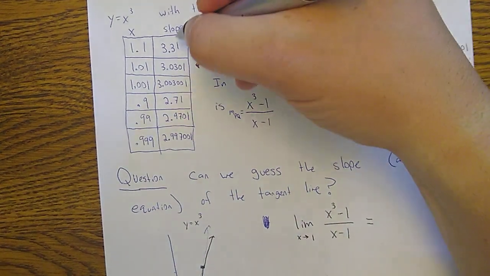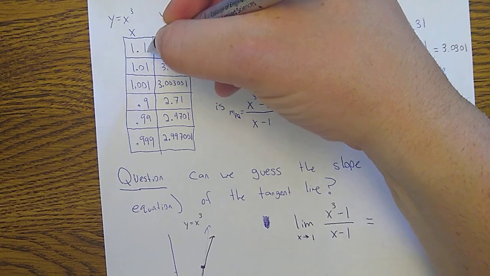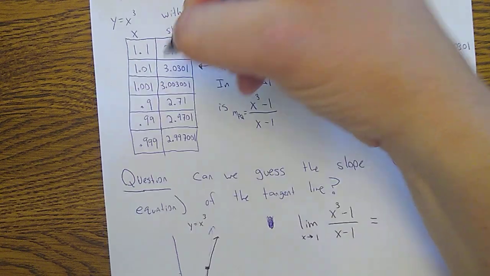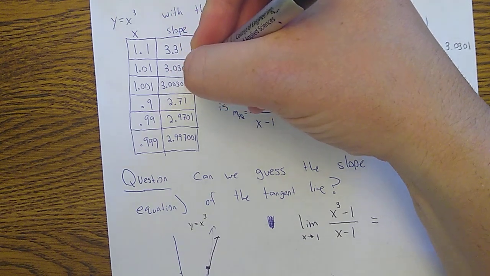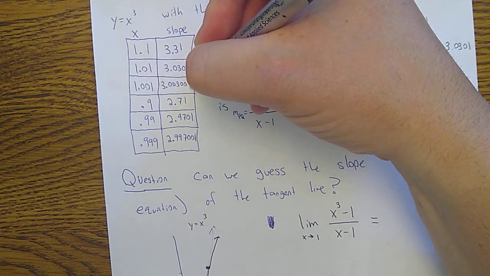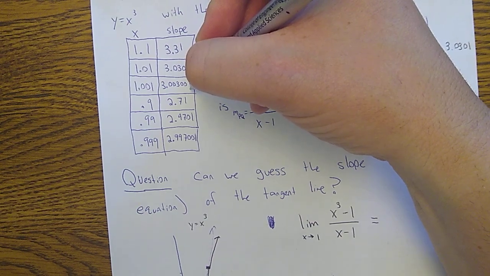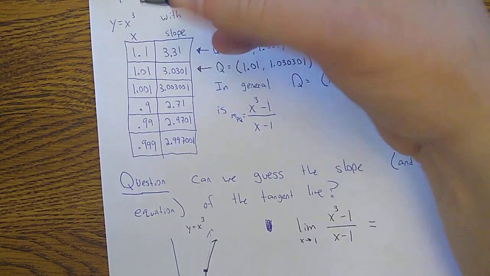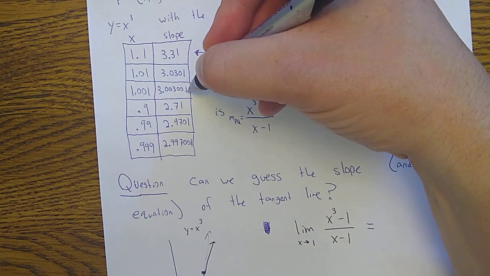If you look at what happens to the slope, as I get closer and closer to 1, this number seems to be getting closer and closer to 3, right? And if you want to fill in more parts of the table, like if you want to try 1.0001, you'll find a slope that's even closer to 3.